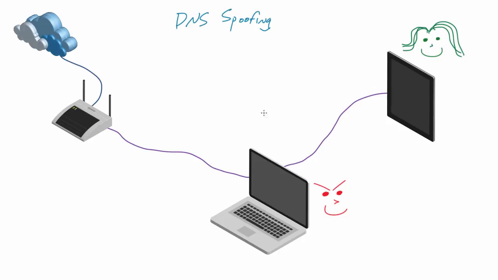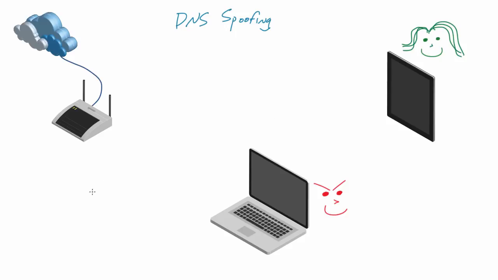So now all of the traffic between Emily and the access point passes through him, and he can inject packets and alter the traffic any way he wants. That's what I'm going to show you in the next tutorial.